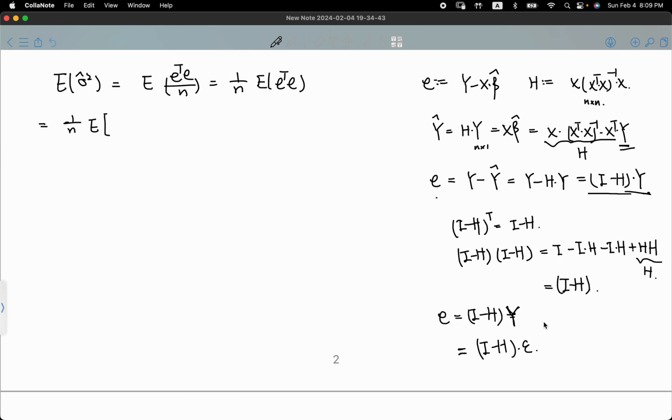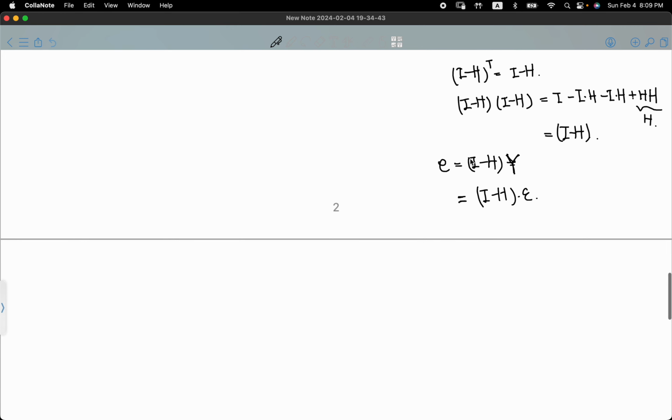The reason for that is this: y is the true value, so it's coming from the model. Let me use the proof to finish the second line.